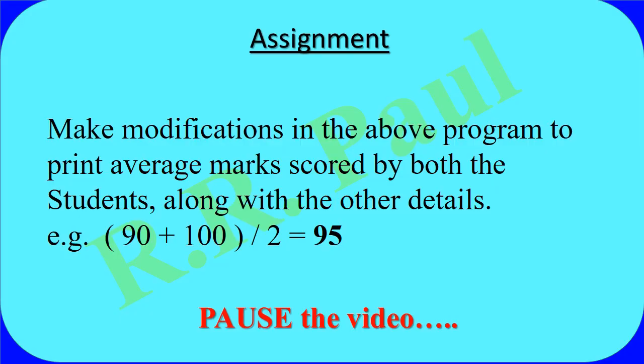Just make modifications in the previous program to print average marks scored by both the students combined together and then display the result. For example, if student number 1 gets 90 marks and student number 2 scores 100 marks, then the overall average marks will be 95. So for this, you have to set the formula and then display the result.